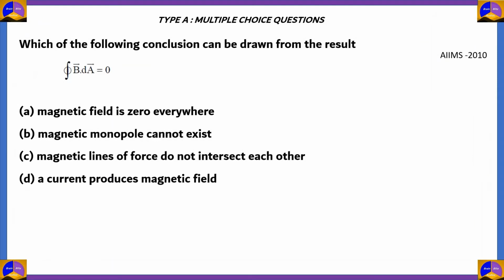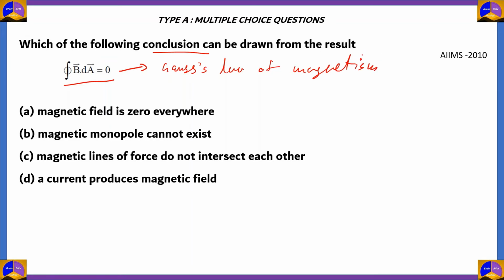Now let's look at this question. Which of the following conclusions can be drawn from the result, the line integral of B dot dA equals 0? Now, if you look at this law closely, we know that this is the Gauss's law of magnetism.